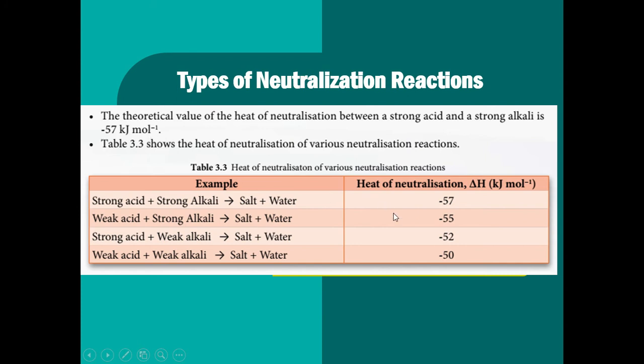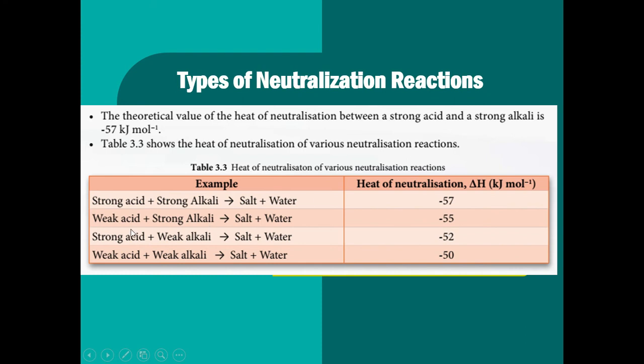Jadi ini contoh-contoh nilai delta H untuk 4 direction tadi. Antara strong acid, strong alkali, dia akan produce the highest heat of neutralization, which is negative 57 kilojoule per mole. Whereas bila kita ubah salah satunya jadi weak, dia punya nilai heat of neutralization akan berkurang. Contohnya bila guna weak acid dengan strong alkali, adalah kurang negatif 55.